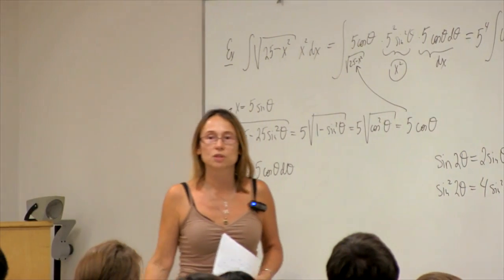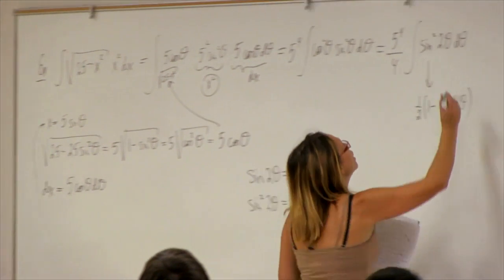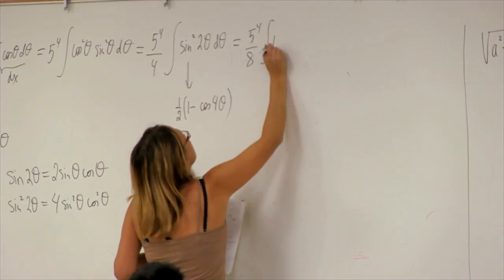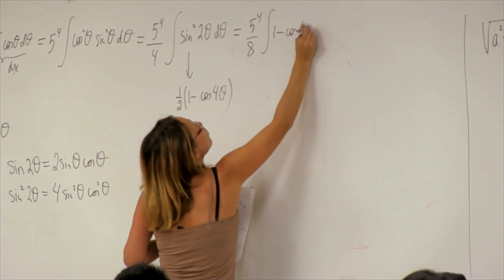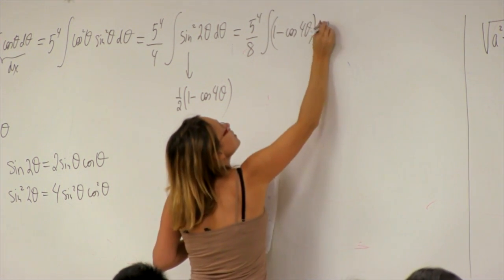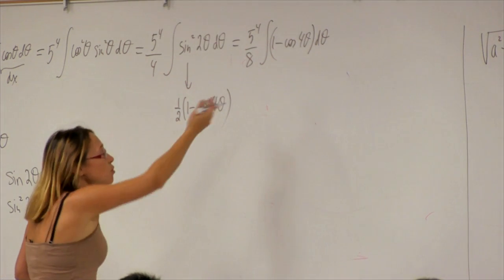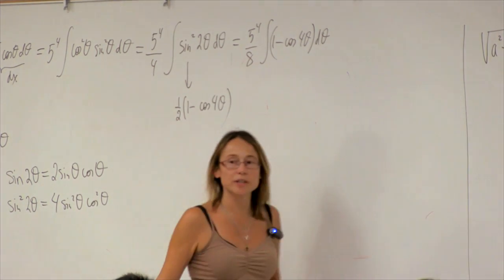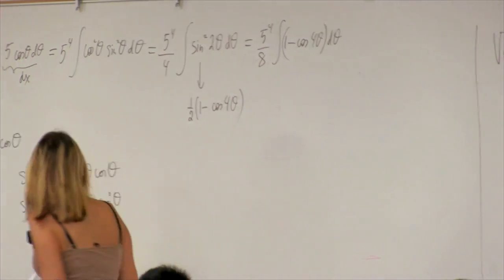So here I have to use it twice. 5 to the 4 divided by 8, (1 minus cos 4 theta) d theta. So this is doable now, because everybody knows how to integrate cosine of 4 theta.